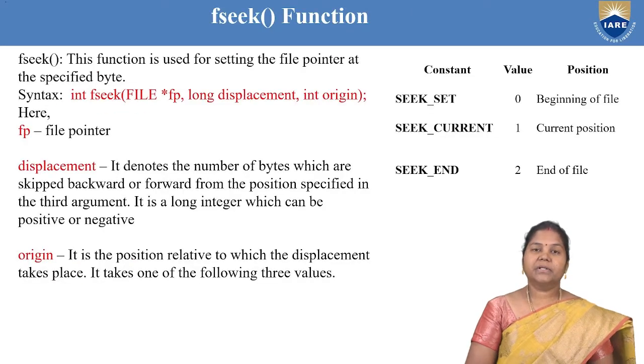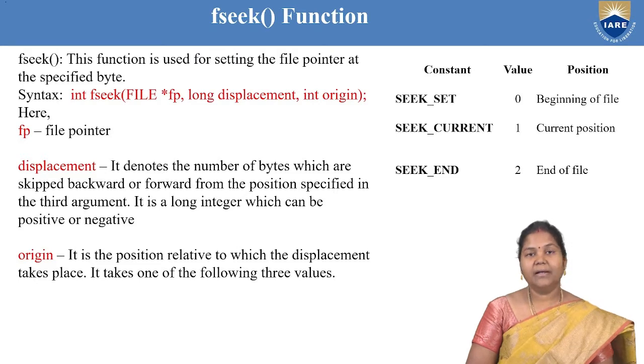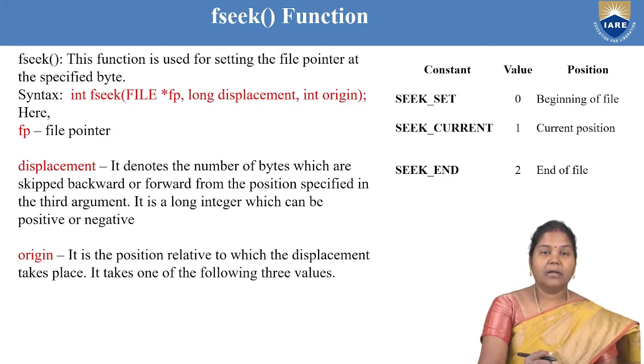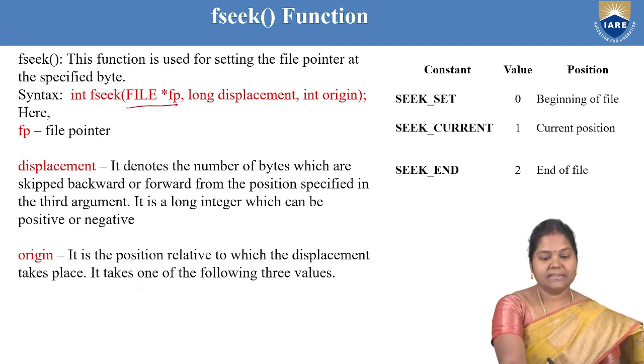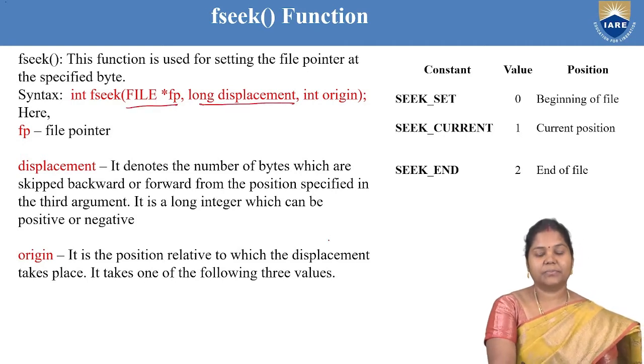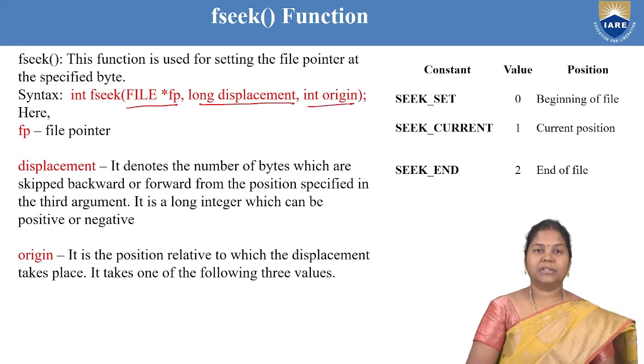The first function is called the fseek function. This function is used to set the file pointer at a desired location or at a specified byte. This function takes three arguments: the file pointer, the displacement and the origin. The file pointer is the address of the file where you want to keep the file pointer at a particular byte.